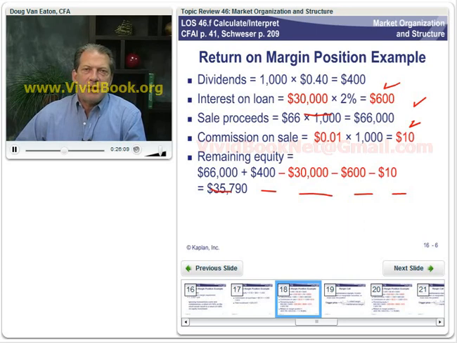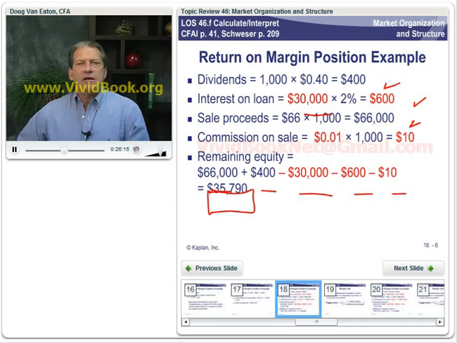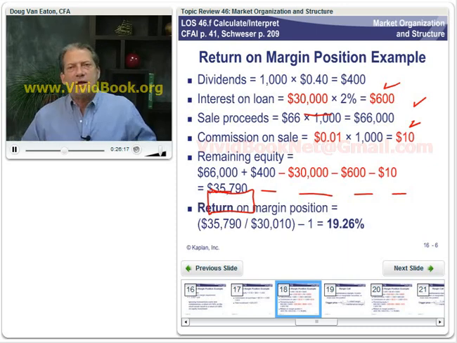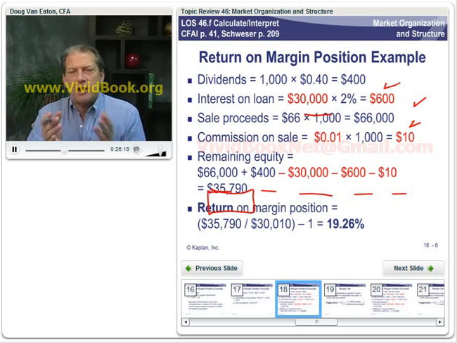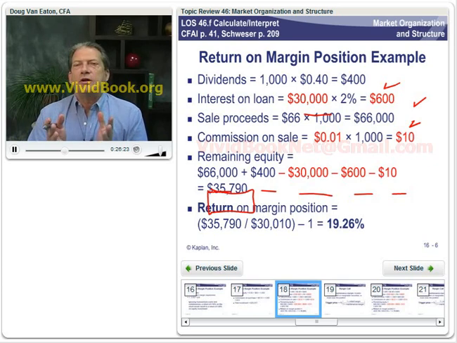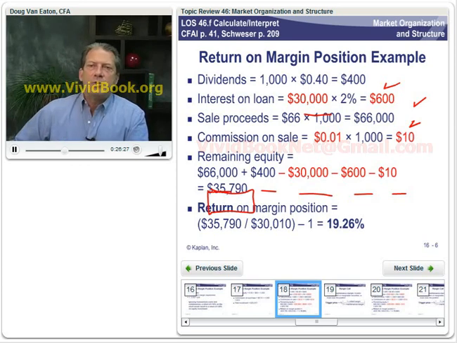So our net amount out of this is $35,790. So now we can calculate that, our ending value over our beginning value minus 1. You see we're quite close to the 20%. Just the calculations for interest and commissions make it a little different than a 20% leveraged return.